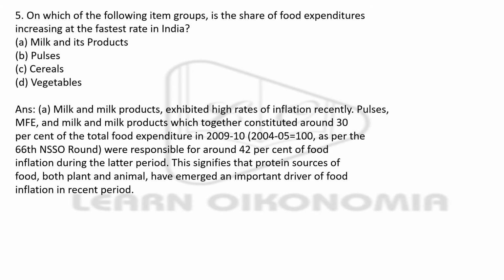Actually, these were the main responsible factors for 42% of the food inflation. And this had some significance upon the protein sources of food, which would include both plant sources as well as animal sources. Okay, so that was the thing. The right answer is milk and its products, option A.